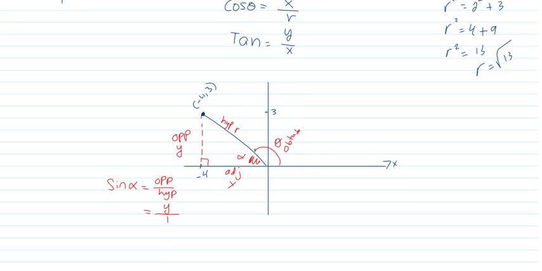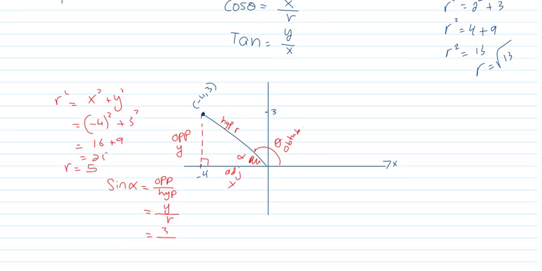Can you guys tell me what the value of y is? Just 3, right? I don't know what r is, so let's calculate r. r squared equals x squared plus y squared. x is negative 4 squared plus 3 squared. So that's going to be 16 plus 9, which is 25. So that means r is 5.